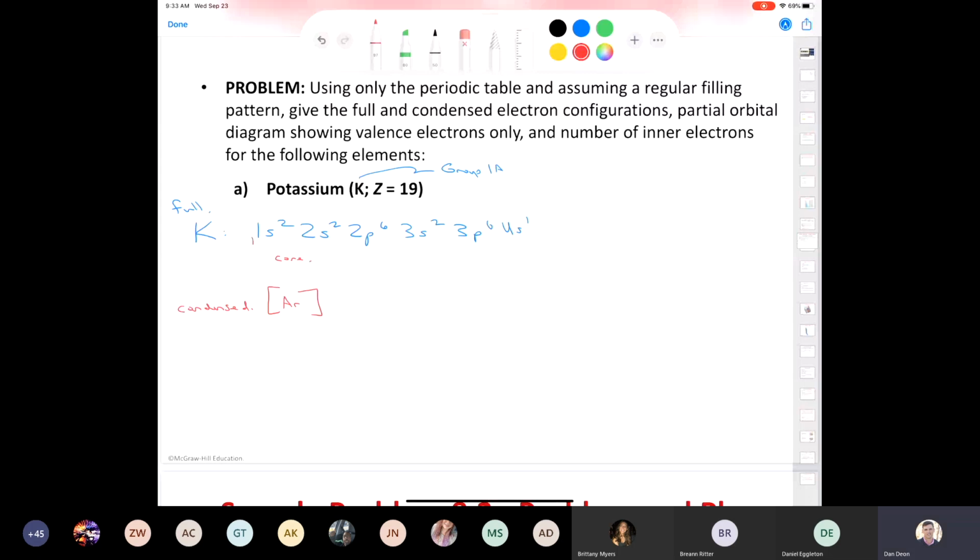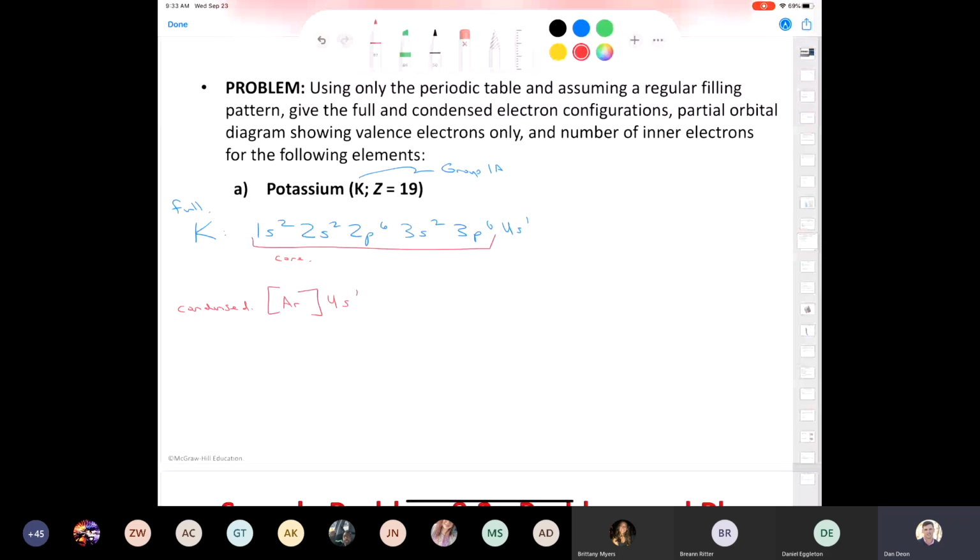Let me fix that. Mr. Dion needs to wake up a little bit more. Okay, there we go. It goes all the way up to argon. Whew, argon has 18 electrons. I don't know what I was thinking there. Anyhow, so we have argon, and then we have 4s1 like that. That's our condensed.